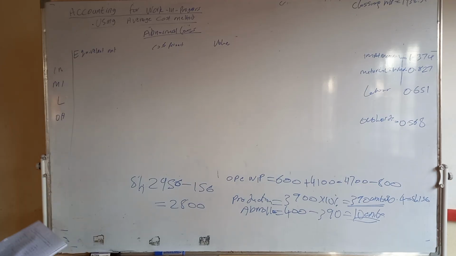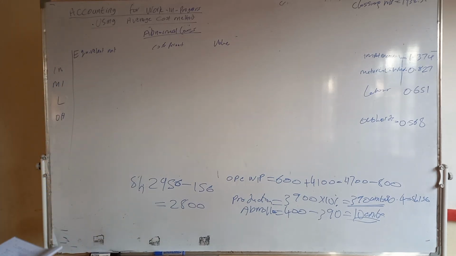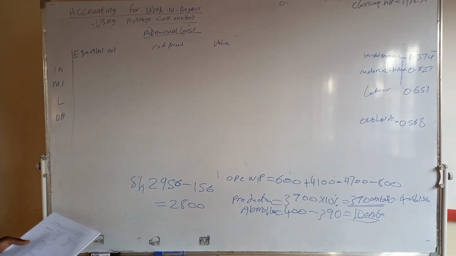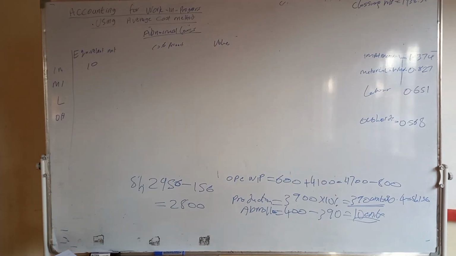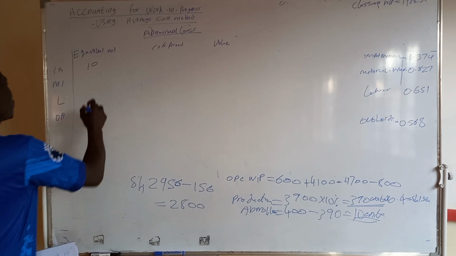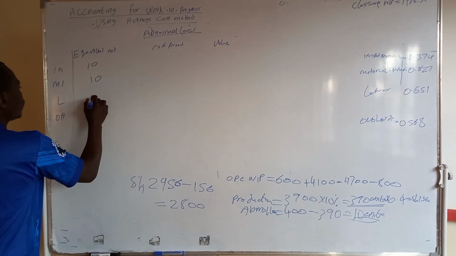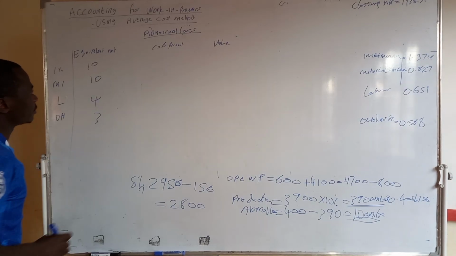Abnormal loss we got 10. So in terms of input materials we had 10 as equivalent. Then we have material introduced, we also have 10. It was 100%. Then we had labor, which was 4. Then we had overhead, which is 3.